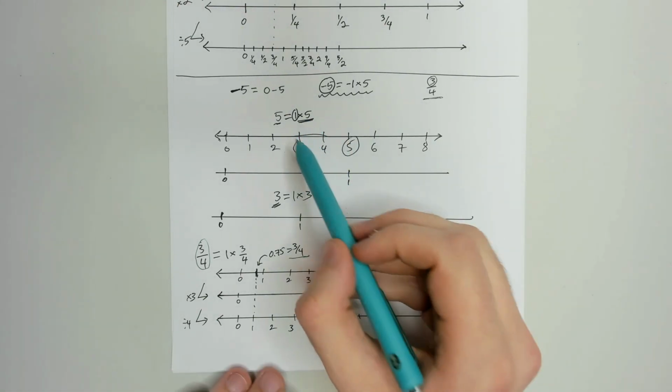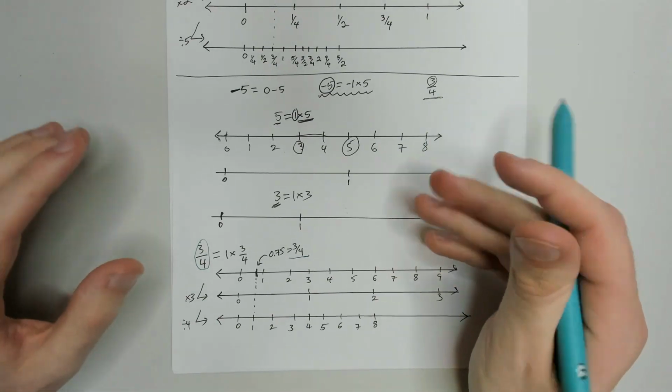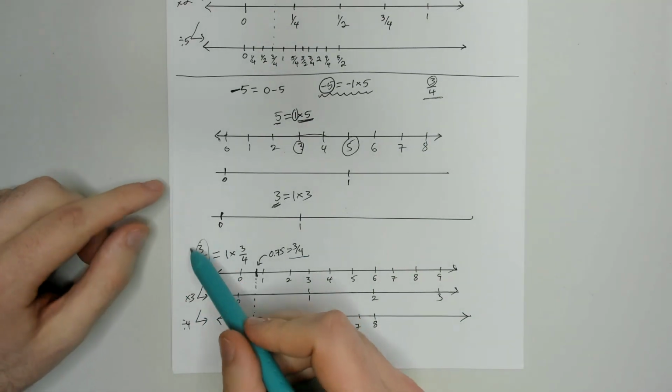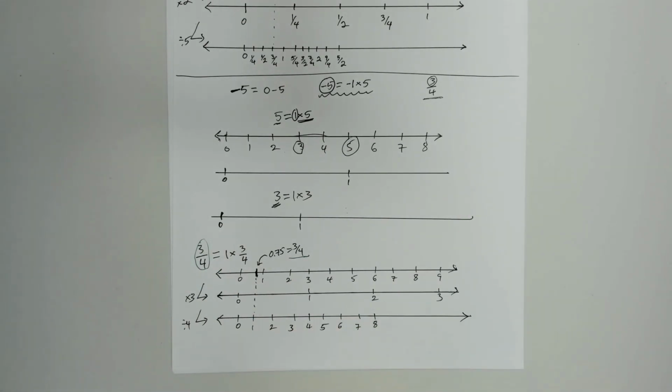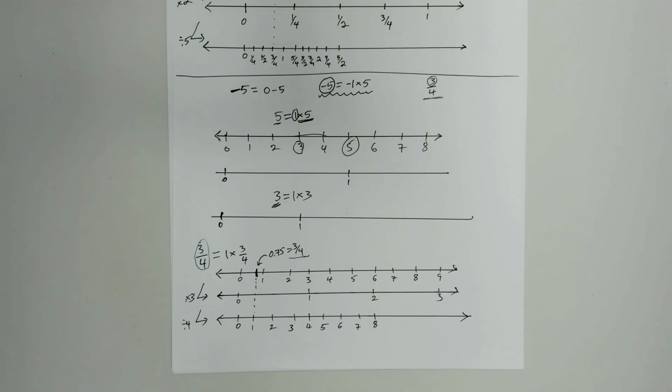But unlike 5, where 5 was just a single transformation, just a stretching, what we're doing now is thinking of 3/4 as being a double action, right? It's a stretching by 3 and a division by 4. So it's a really similar idea to what we just did. It has a slightly different nuance to it.